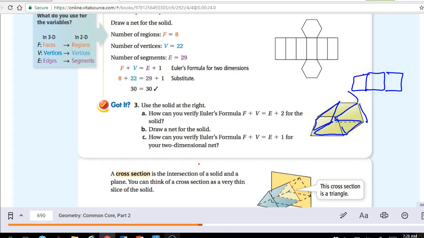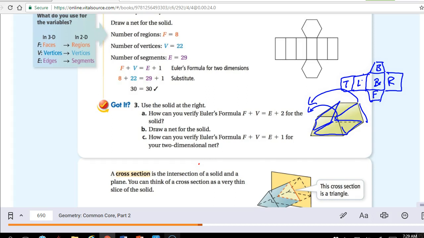And then if I could really unhinge this one and lay it over here, it's a little bit smaller than the other ones. So we're saying that this is the top. Of course, this was the bottom. This would be the left side. This would be the right side. And then you have the two ends. And they make trapezoids. So you would have what I call the back side and the front side. And so you just have to imagine laying that out flat.